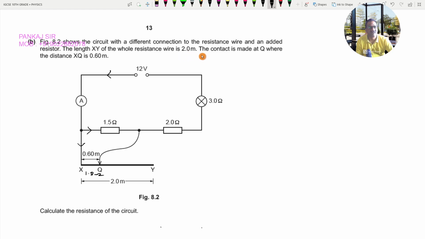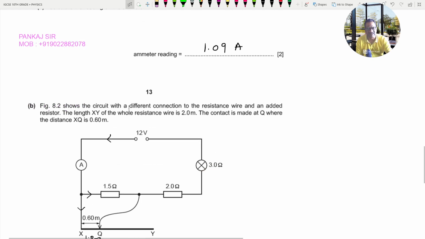The contact is made at Q, where the distance XQ is 0.6 meter. Now this is a circuit diagram similar to the circuit shown in part A of the question, with the 3 ohm and the 2 ohm resistance.